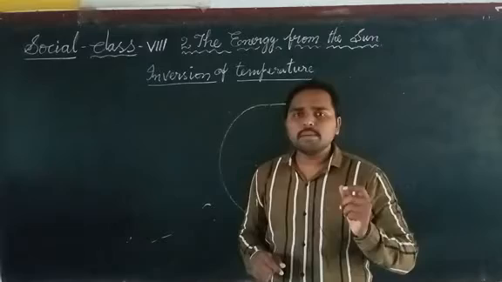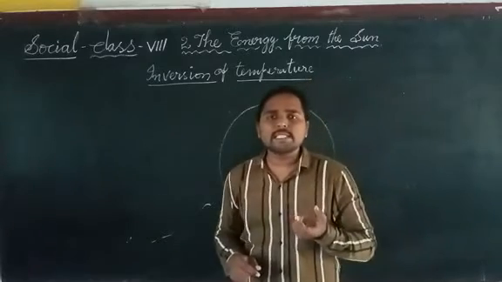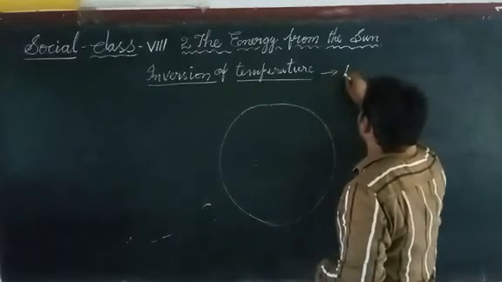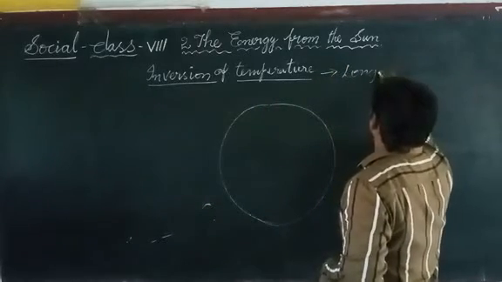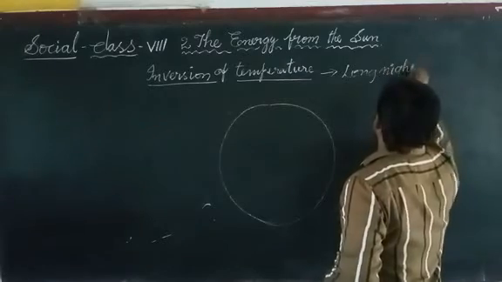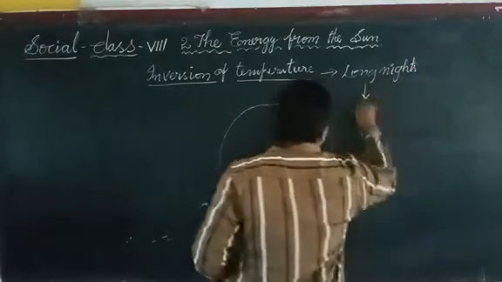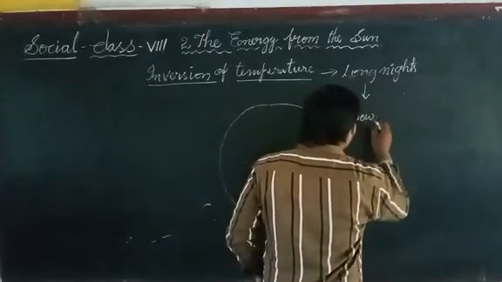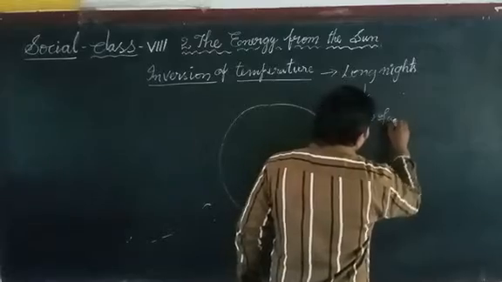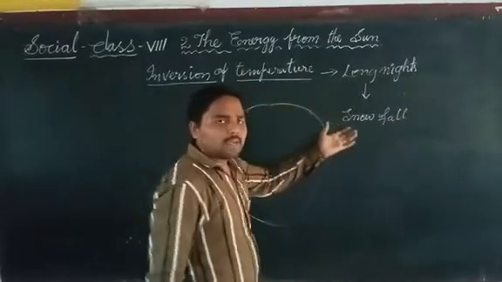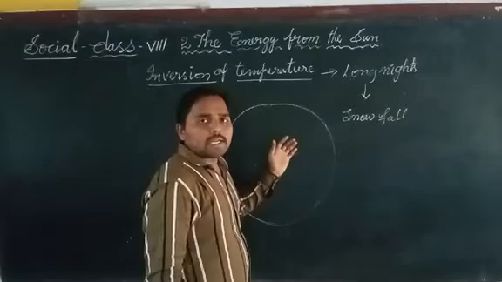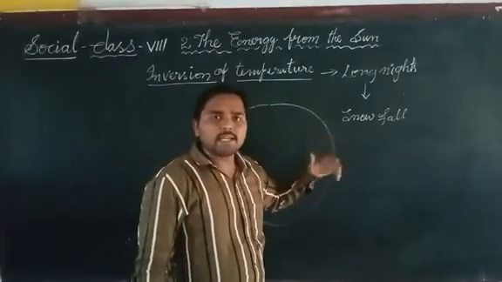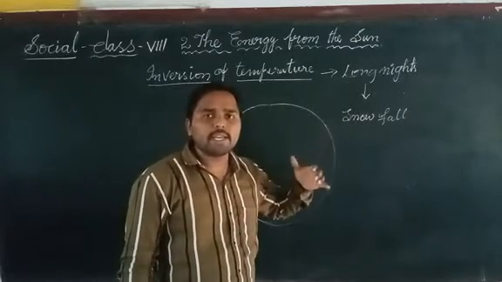Because during the months of the winter season, there are long nights, and there is very high snowfall. Due to the snowfall, the surface of the earth completely radiates its heat at the time of evening.